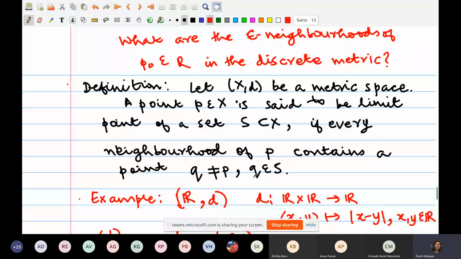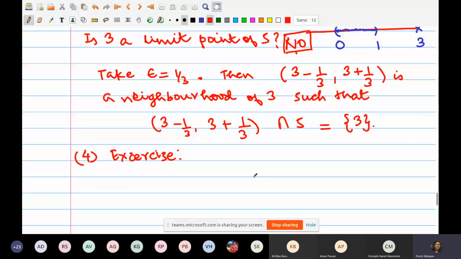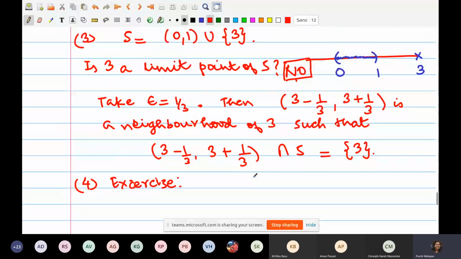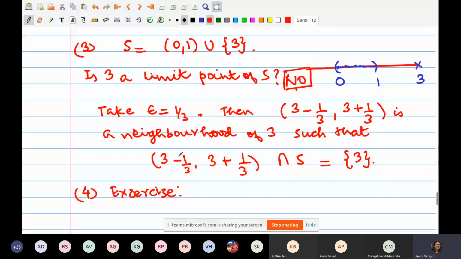In this example, 3 is not a limit point because here is a neighborhood of 3 which does not contain any other point of S besides the point 3 itself.